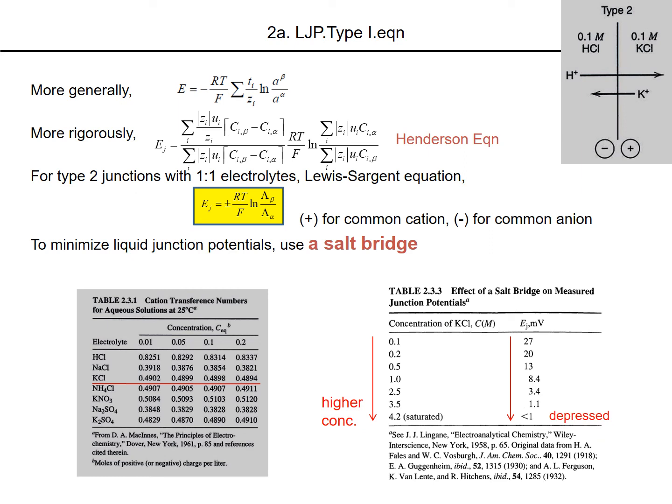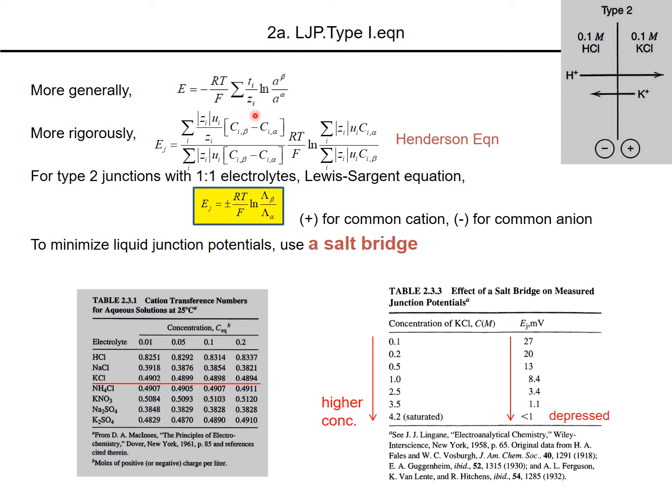Okay, so we have developed the junction potential equations. Here is a more general equation for the liquid junction potential. The liquid junction potential is minus RT/F, as I have said. This one is the Nernst equation, but you should have this transference number term per the amount of charge.